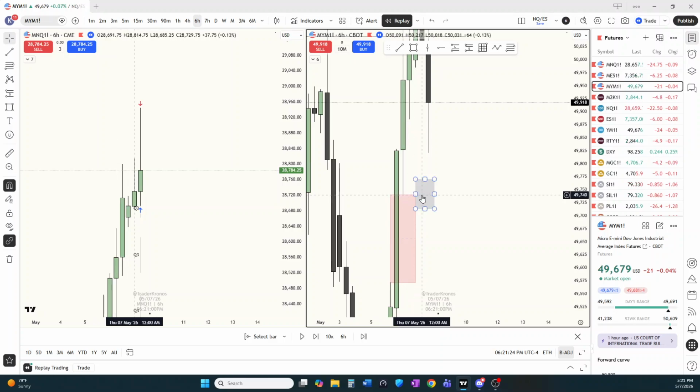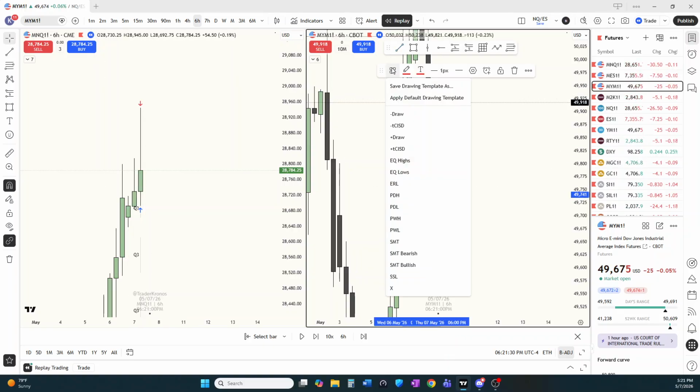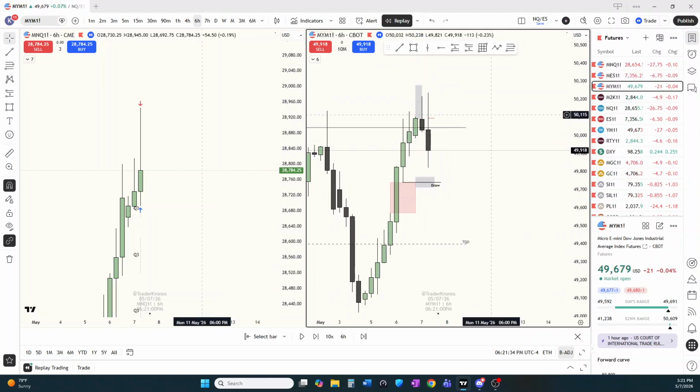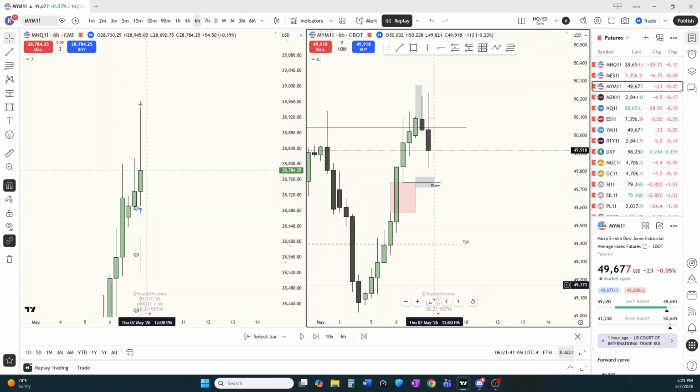Smack dab in the middle of this range is this 6-hour low. There's your draw. Doesn't mean it's going to stop right there, but that's an easy draw to aim for. It helps you to see where your draw is.